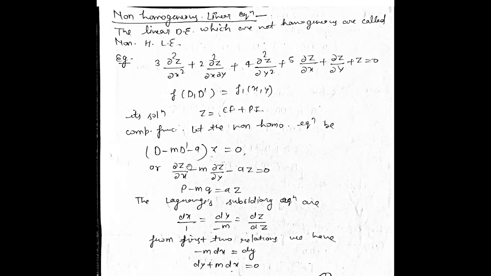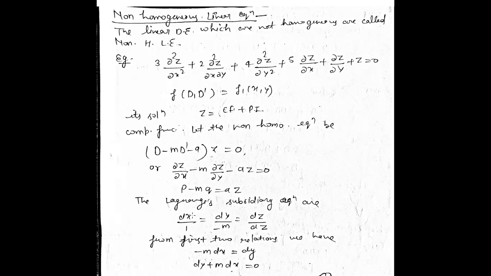So this is your linear partial differential equation. For a linear partial differential equation, we know a rule like the Lagrange method, right? Choose multipliers or something like that. So we will convert this into our auxiliary equation.